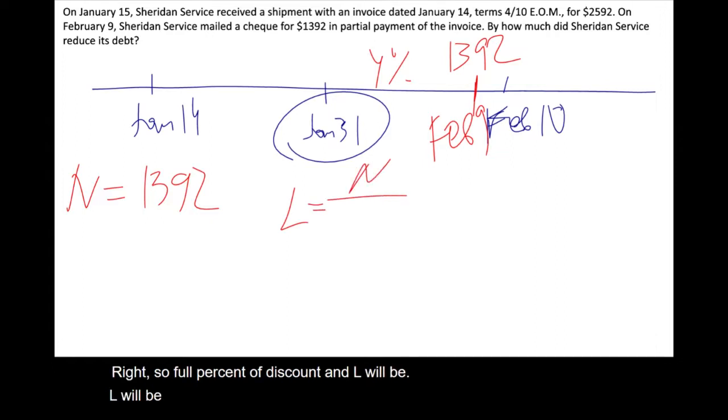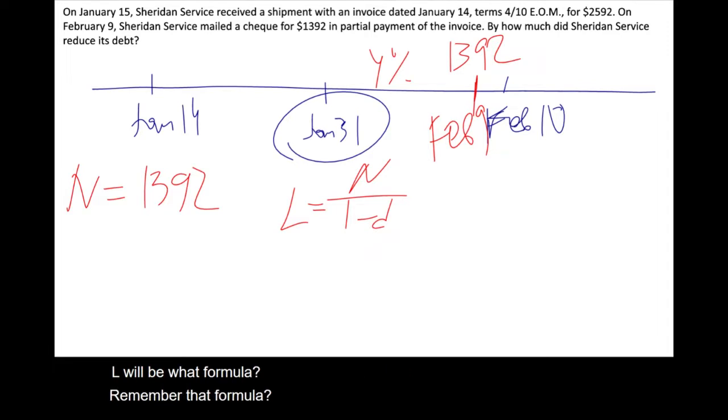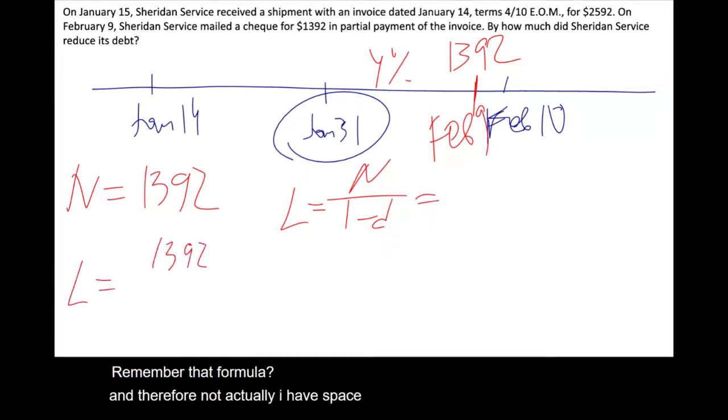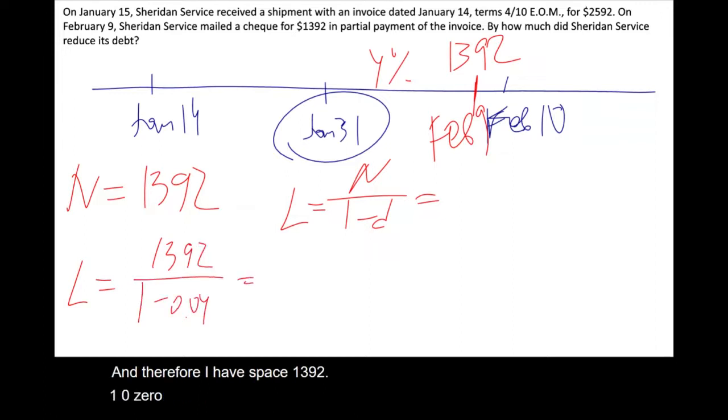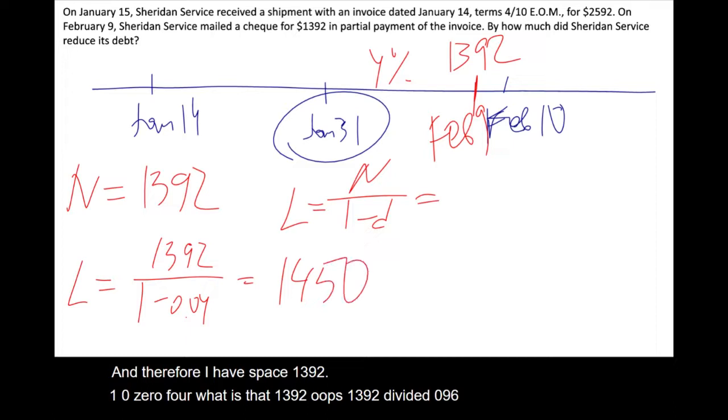what? Formula. Remember that formula? And therefore, oh, actually I have space. 1392 over (1 minus 0.04). What is that? 1392 divided by 0.96 is 1450.